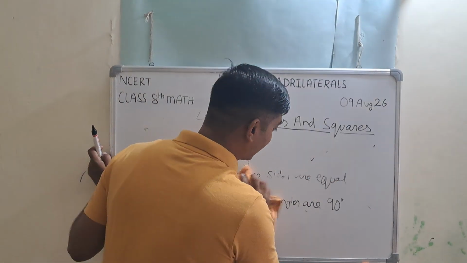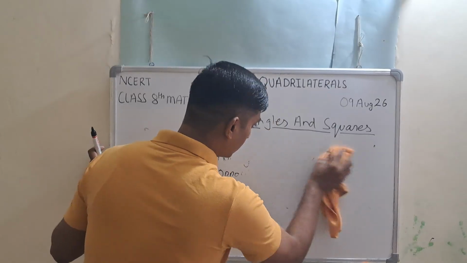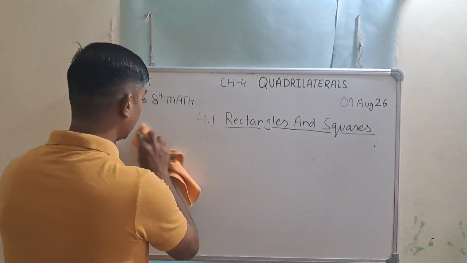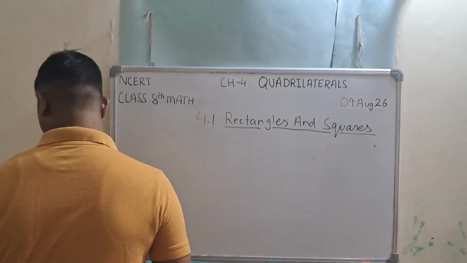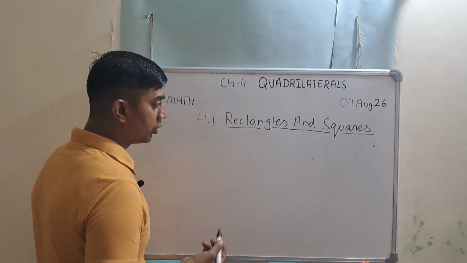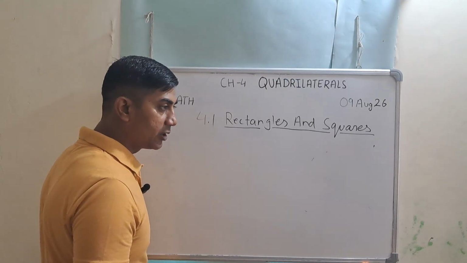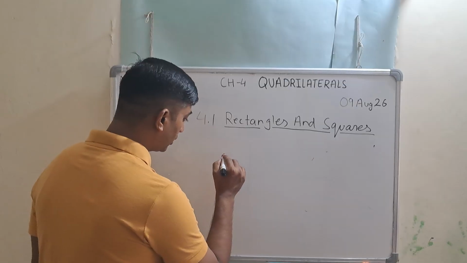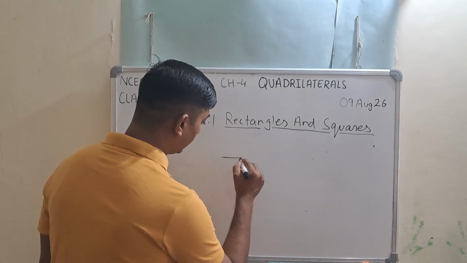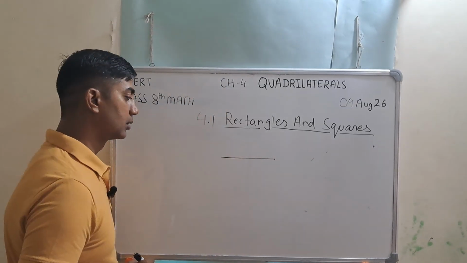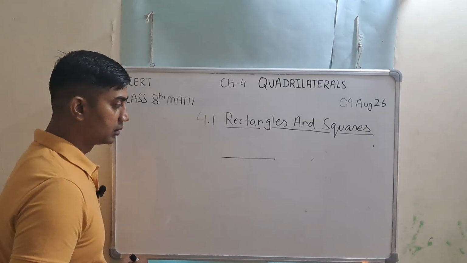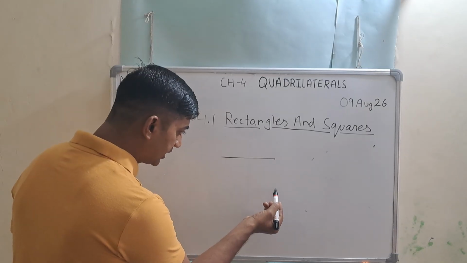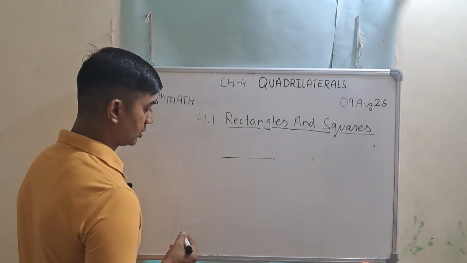I'll draw a rectangle again and you will observe what difficulty I am facing while drawing it. See, I have to draw a rectangle, opposite sides are equal, understood, and all internal angles are 90 degrees. So first of all I draw a line segment, then I have to draw a line segment which is opposite and equal.